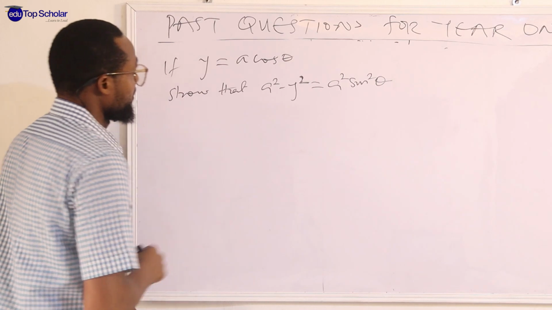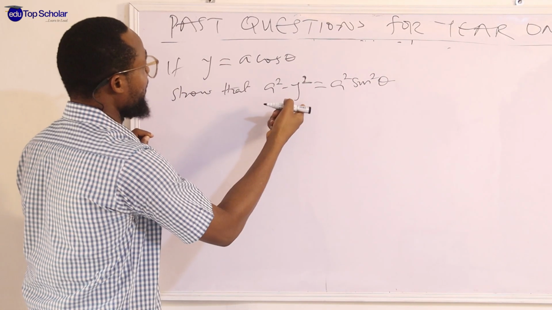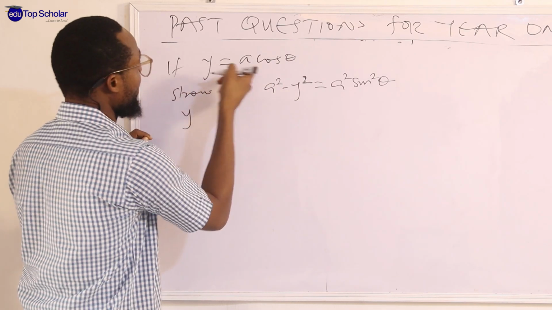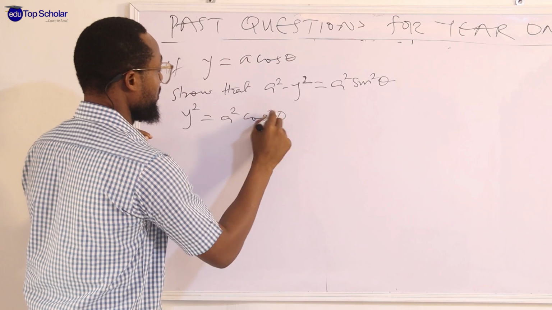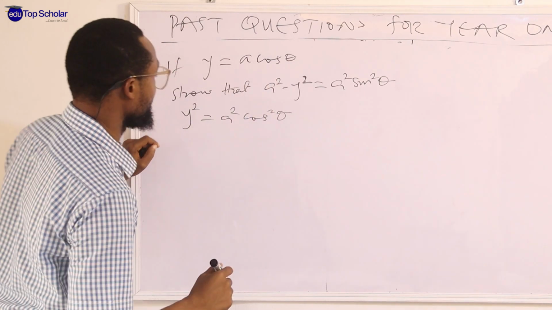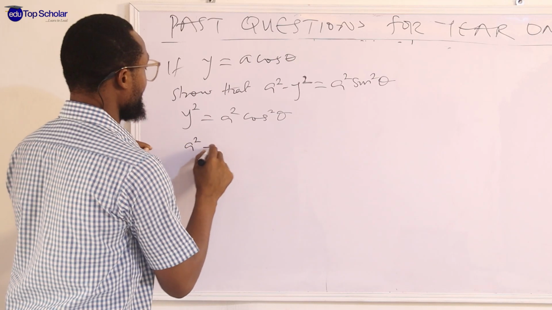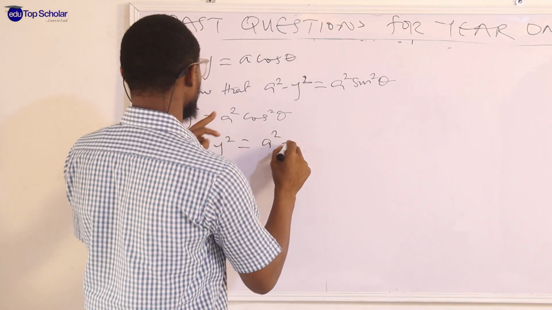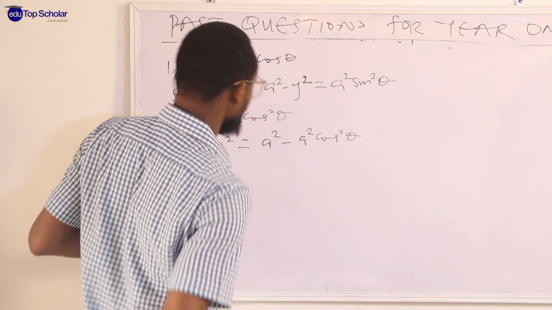This one is not so difficult. From here, since we have a y squared here, we can follow that approach. Given that y is this, therefore y squared will be a squared cos squared theta. If we square both sides of this, we have this. And therefore, a squared minus y squared now will be a squared minus a squared cos squared theta.